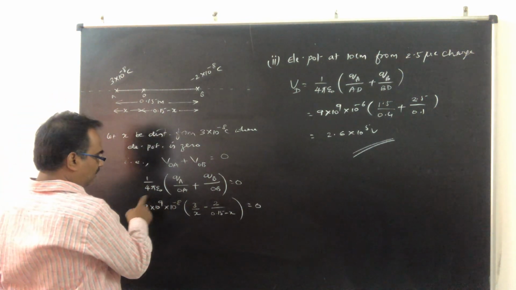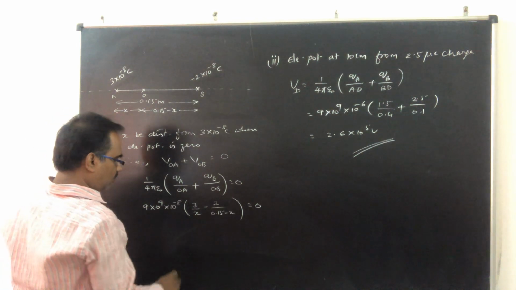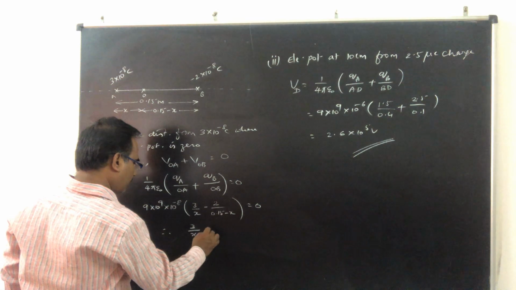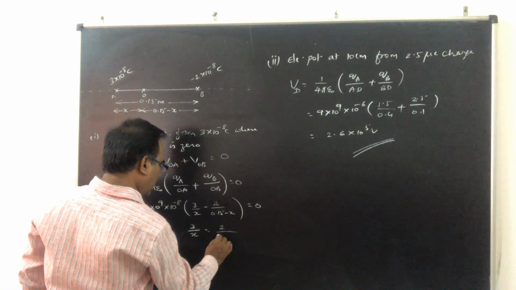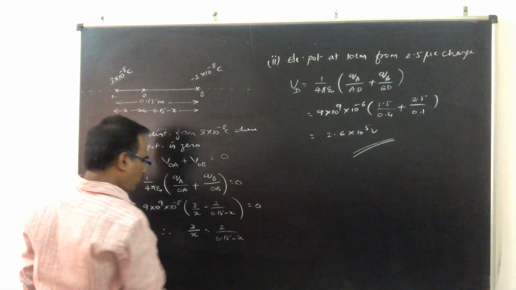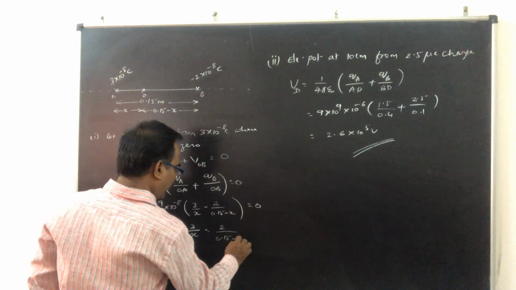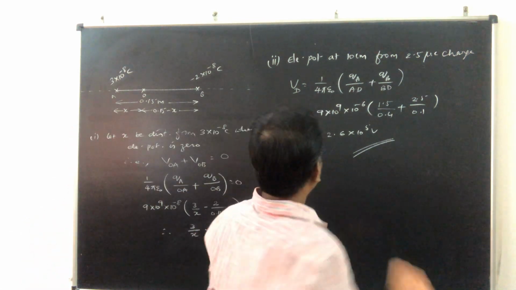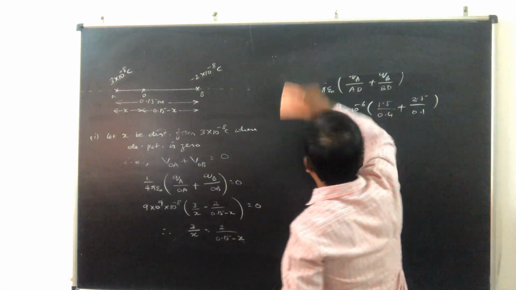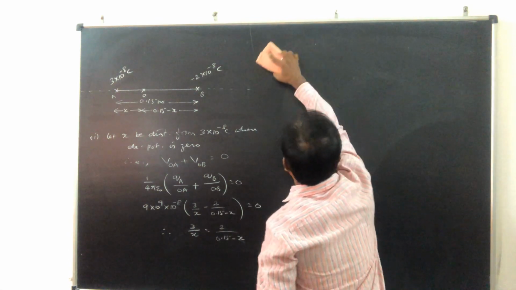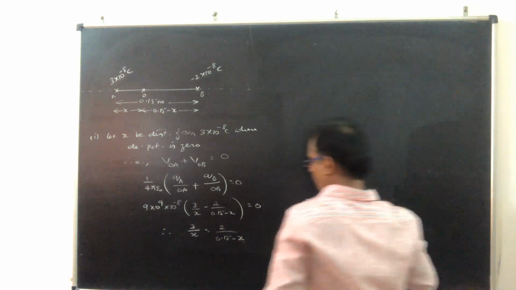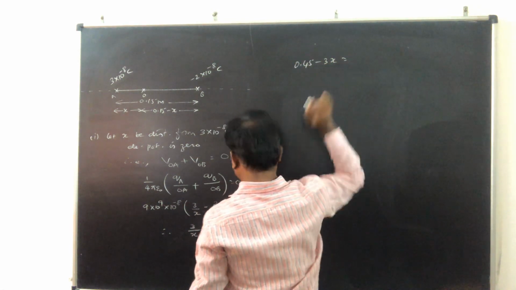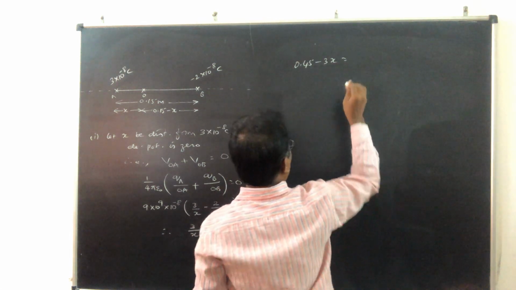So when you take this term to the other side, it becomes 0, therefore 3 divided by x is equal to 2 divided by 0.15 minus x. When I cross multiply, 0.45 minus 3x is equal to 2x.